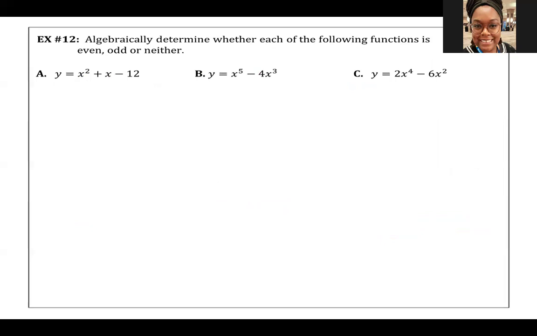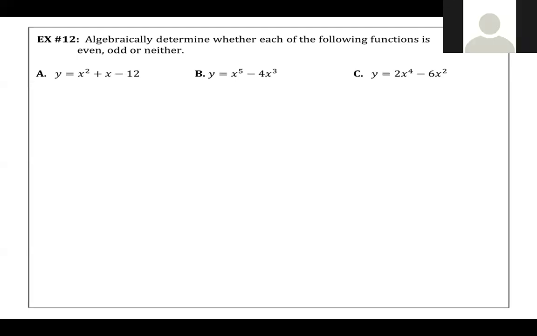Okay, so now we're going to look at it algebraically. When you have an algebraic problem and it's asking you, that means this is going to be on a non-calculator part of your test. Okay, you can't graph and then tell me that it has rotational symmetry through the origin, or look at it and say it has symmetry with respect to the y-axis. Okay, this is where our rules come into play. So the first thing that you're always going to check is the degree of the function.